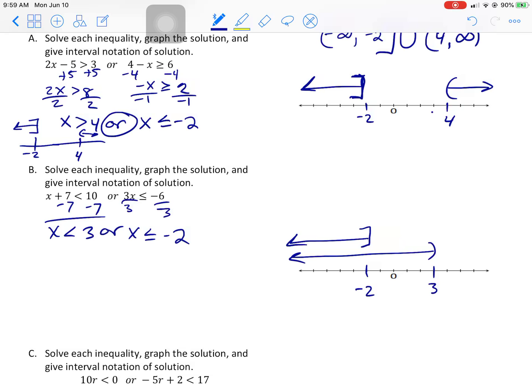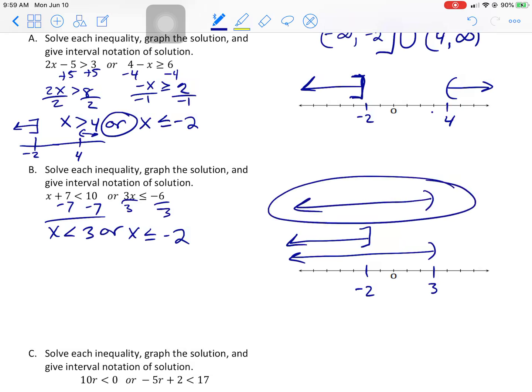So together it says use the largest one if they go in the same direction. That's important because the solution could be up in this little section up here. So you want to grab all of that. So your final graph should be this one here. Okay? And the interval notation for that one is the 3. That's the answer to that one.